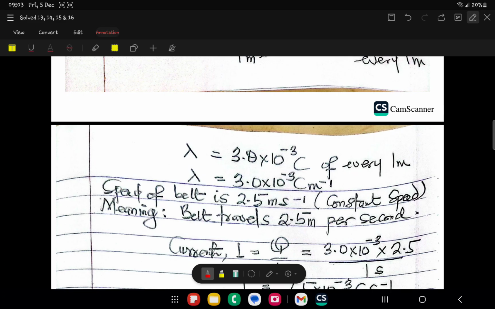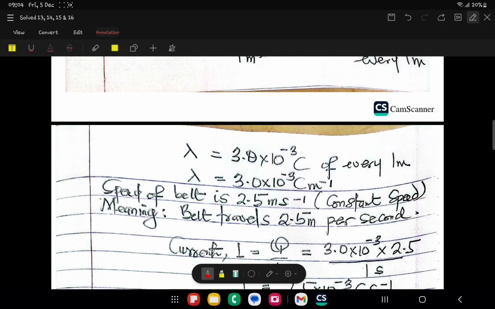We are told that the speed of the belt is 2.5 meters per second, and that speed is constant. So the belt travels 2.5 meters every second. If 1 meter of the belt has a total charge of 3.0 times 10 to the power minus 3 coulombs, what quantity of charge will be present when the belt travels 2.5 meters?